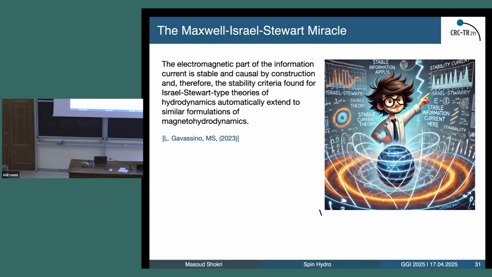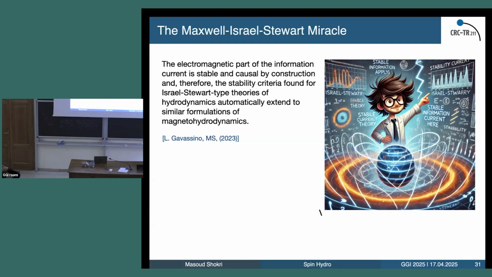The idea is that you have an Israel-Stewart theory, and then you have also electromagnetic fields coupled to this theory, and you don't care what this Israel-Stewart theory is. The only thing is that the second law is exact to your order of truncation.